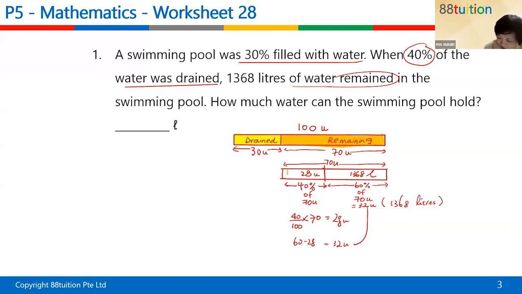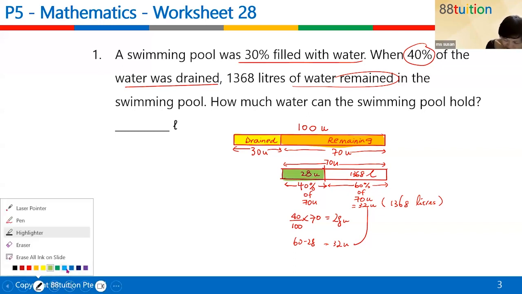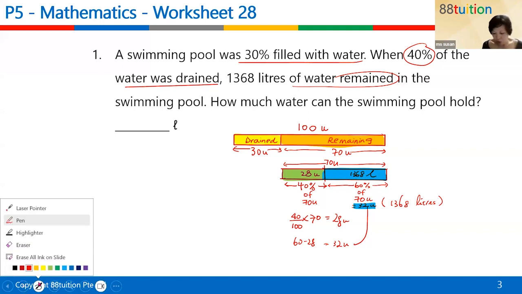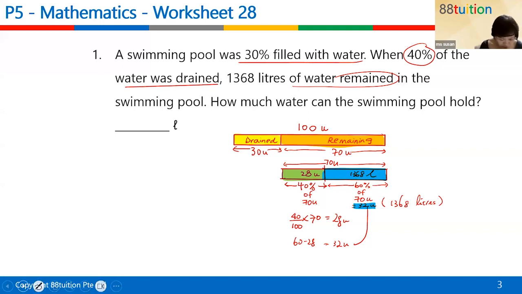And of these two parts, one is 28 units, and the other one is this unit, which is 32. So now I can do the overhead bridge, which I have been repeatedly saying. To do the overhead bridge, what I can do is to equalize 1,368 with 32 units.